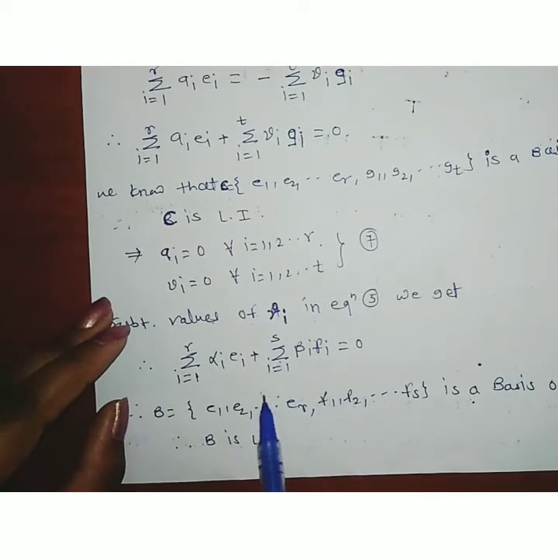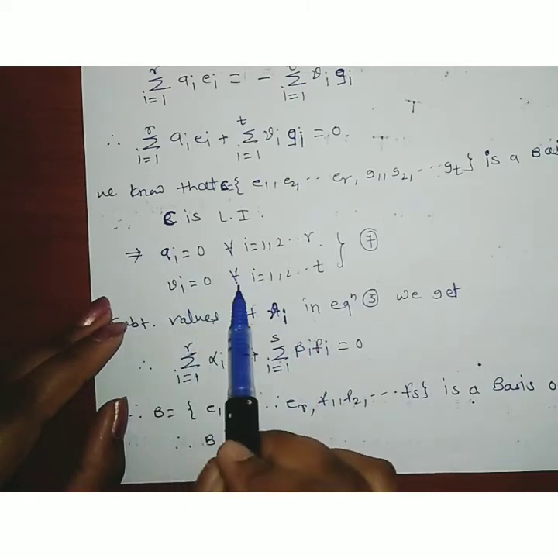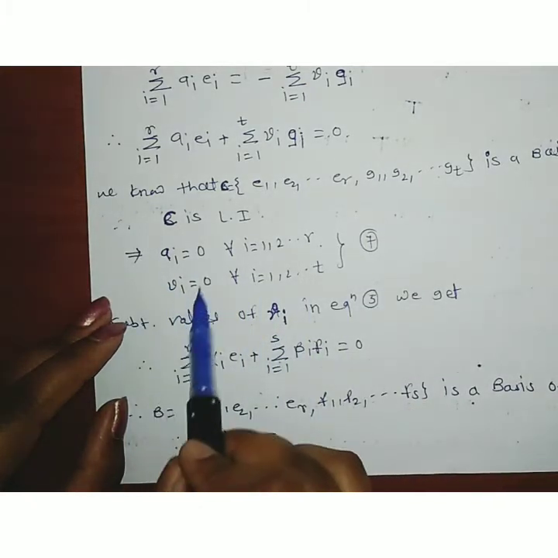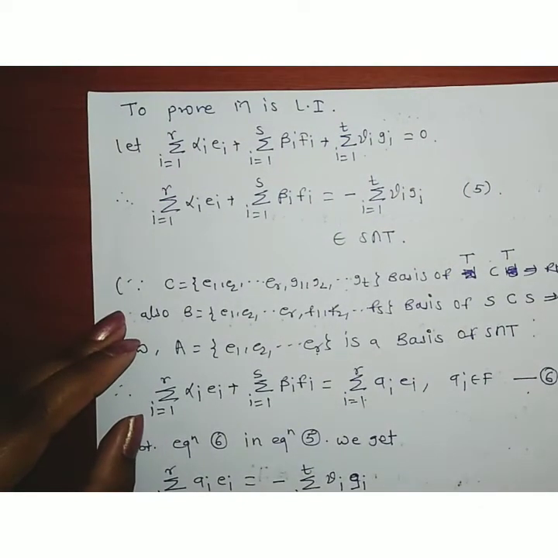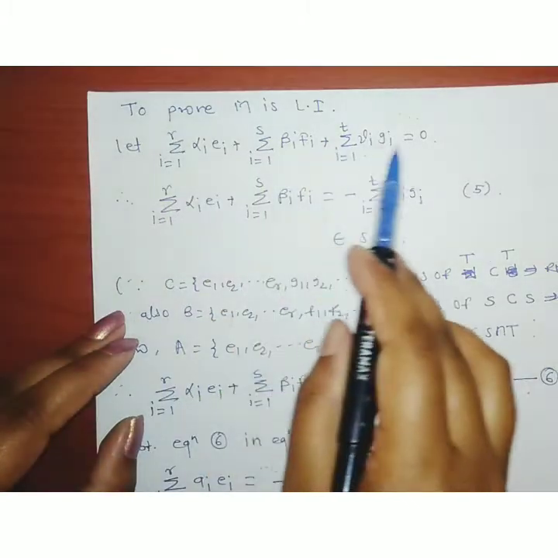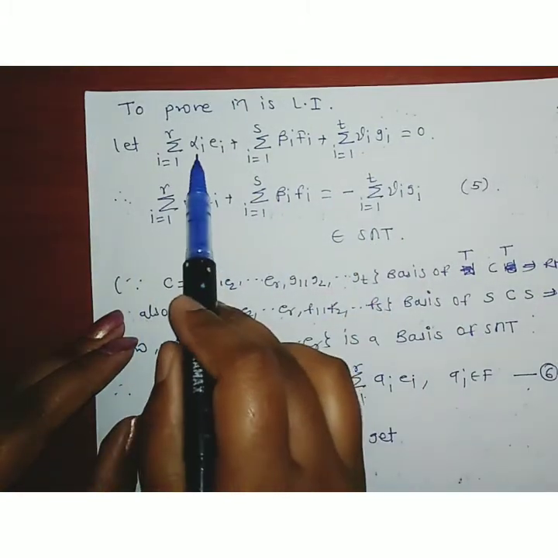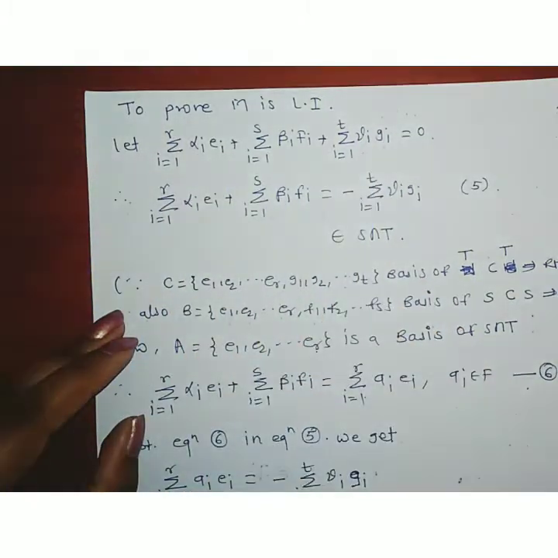So from this condition we get alpha is equal to 0, beta is equal to 0, and by using equation 7 we have gamma is equal to 0. In equation 5, what we have to show for linear independence is that alpha is 0, beta is 0 and gamma is 0.